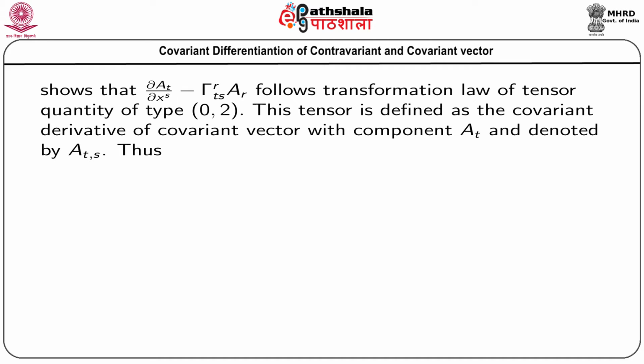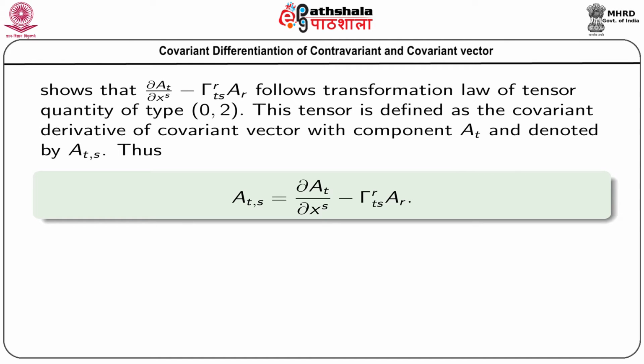Now, this shows that del a t by del x s minus gamma r t s a r follows the transformation law of a tensor quantity of type 0 2. This tensor is defined as the covariant derivative of a covariant vector with component a t and denoted by a t comma s.